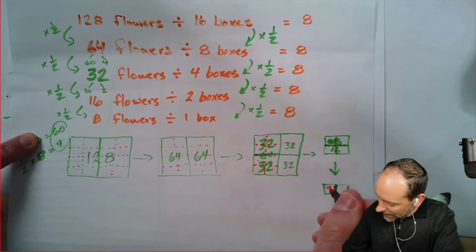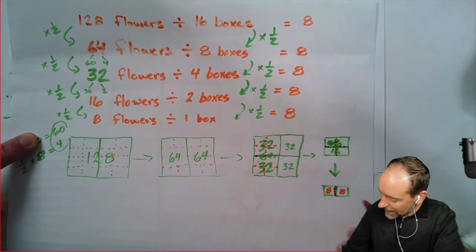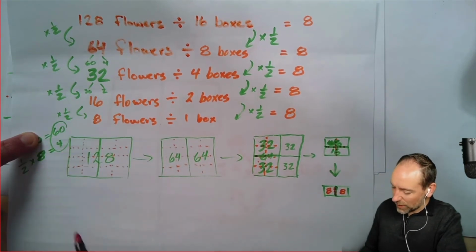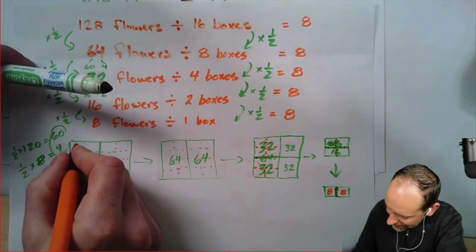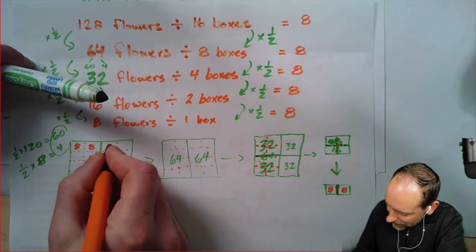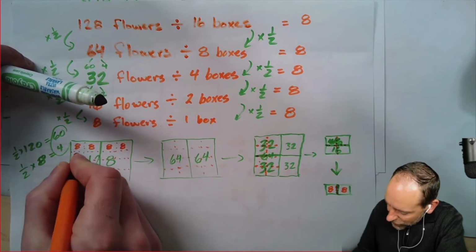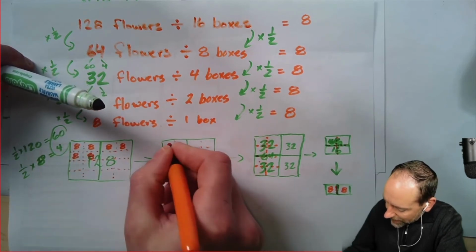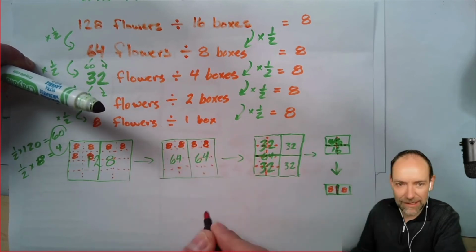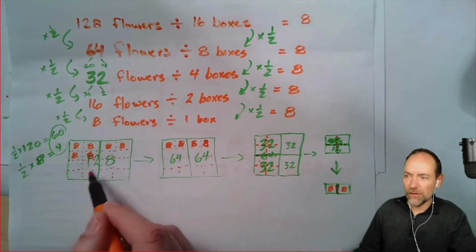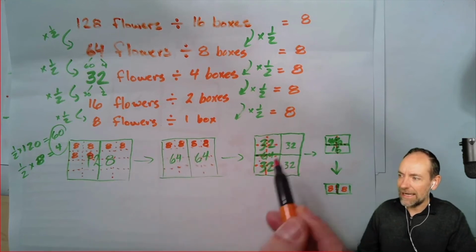There's my 8, and there's another 8. And then we go back here and realize, wait a second, look at all the 8s. That's essentially what we figured out: all of these were always 8, but we didn't know they were always 8, right, Miss? If we were to fill in all these boxes, all of them were 8 the whole time.